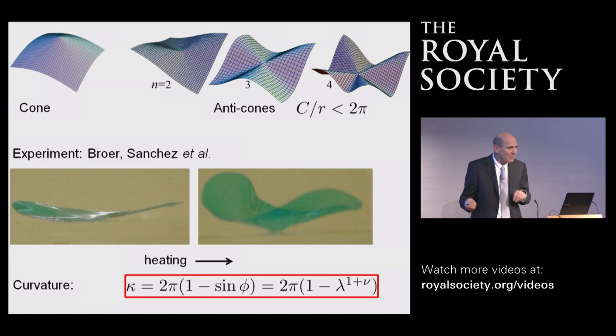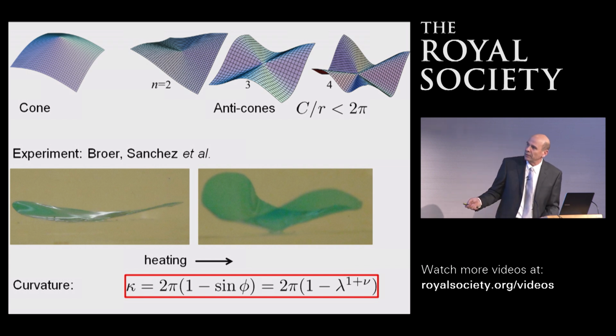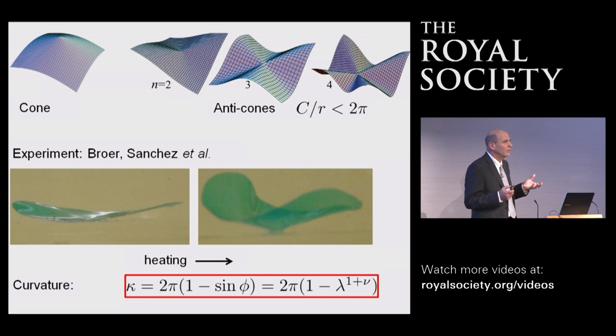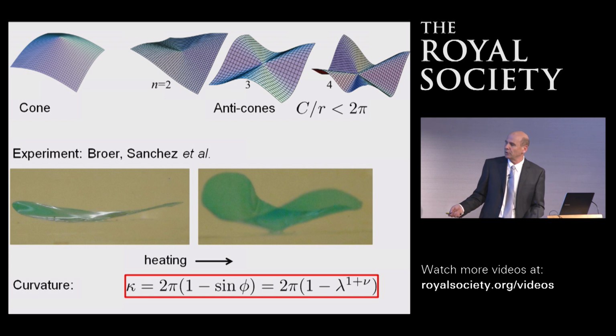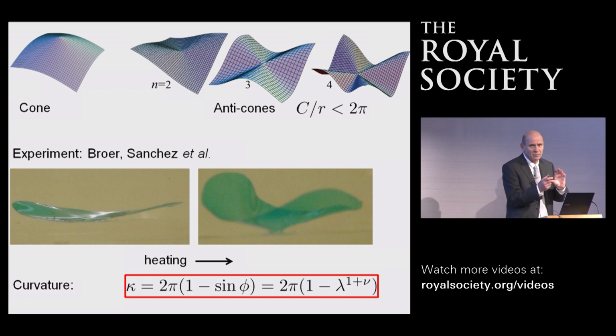And you can do experiments on this, and indeed you find that stuff that is like this, you heat it more, it becomes more and more of a cone. And those of you who are into curved spaces, if the contraction is lambda and lambda to the minus nu in the perpendicular direction, the radial direction, then the curvature is just this. So we can relate the curvature of these spaces to the contractions that we see along the directors.